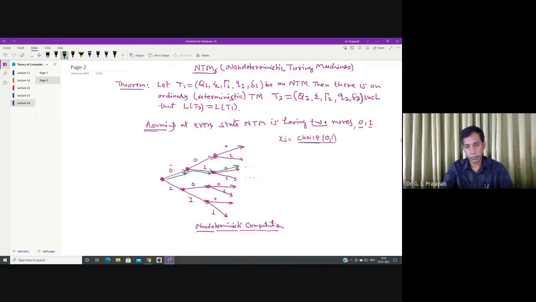Here your tree can be finite or your tree can be infinite, and in this way your Turing machine makes the choices, and it determines the correct choice by its own intelligence.